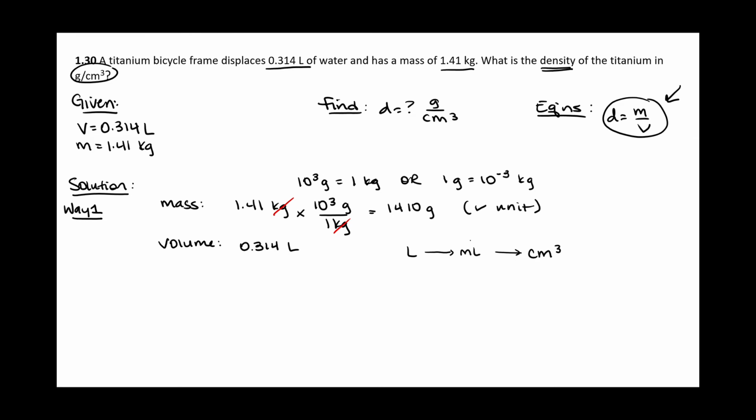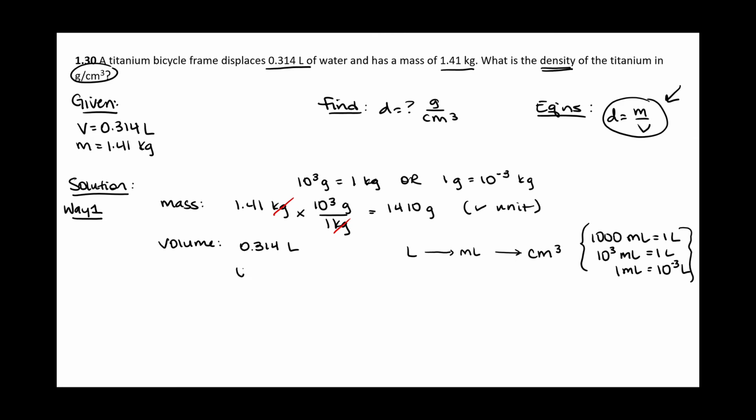This is another example of a metric prefix. My base unit in this case is liter. My metric prefix is the milli. And there are 1,000 milliliters in 1 liter, or 10 to the third milliliters in 1 liter, or you could have 1 milliliter equals 10 to the negative third liters. Whichever one that you are comfortable with will work.